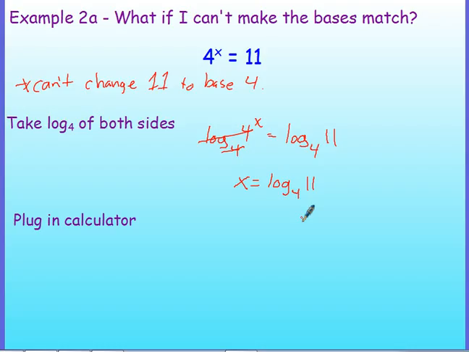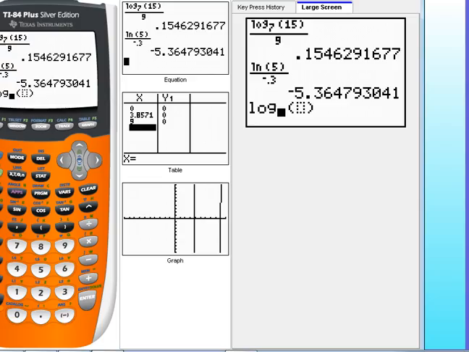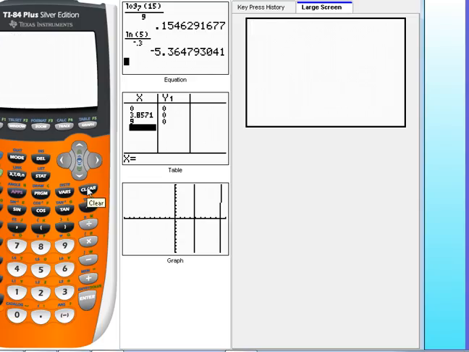Now, here's the problem though. If I tell you x is equal to log base 4 of 11, that doesn't make sense. That's not really a number. So I want to actually find out what that really is. So in walks your calculator. Do we have a logarithm function on the calculator? Yeah, we talked about it. Where is it? Next to 7. What's the problem though with that one?